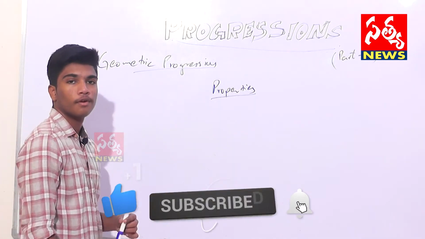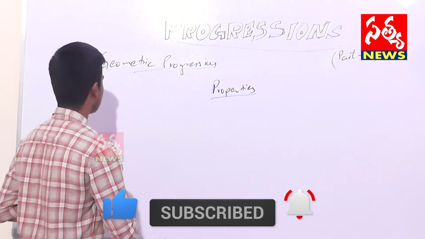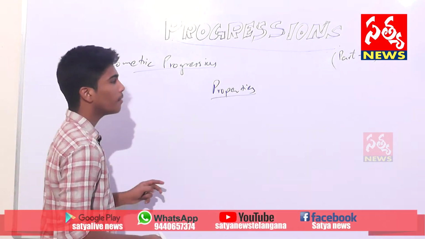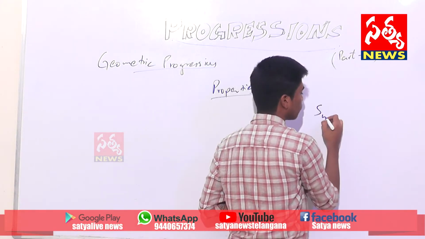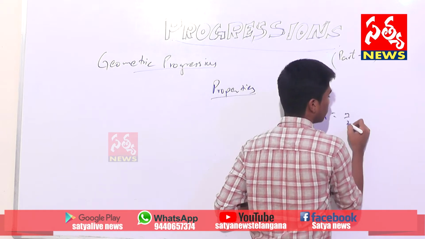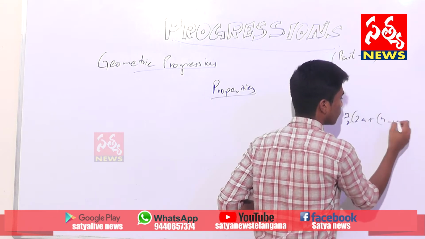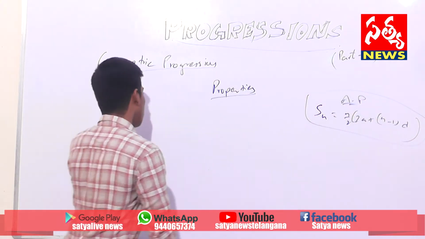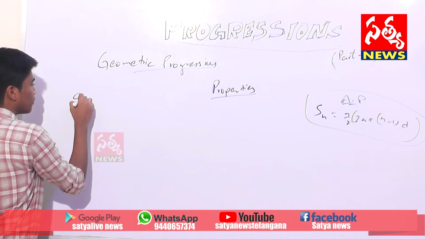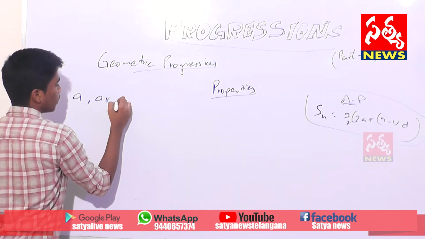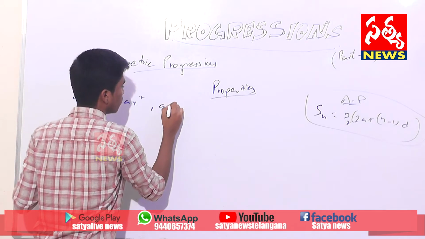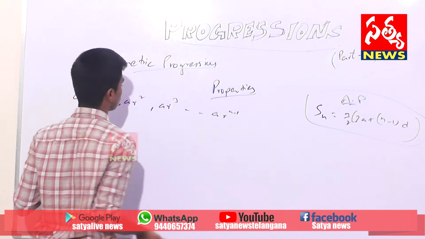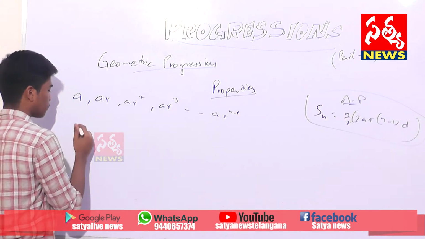Next, finding the sum of a GP. In AP, we had a formula for finding the sum of n terms: n by 2 into 2a plus n minus 1 into d. This is for AP. But in GP, first of all, let's take an example: a, ar, ar square, ar cube, and so on, ar power n minus 1. Is this in a GP or not?